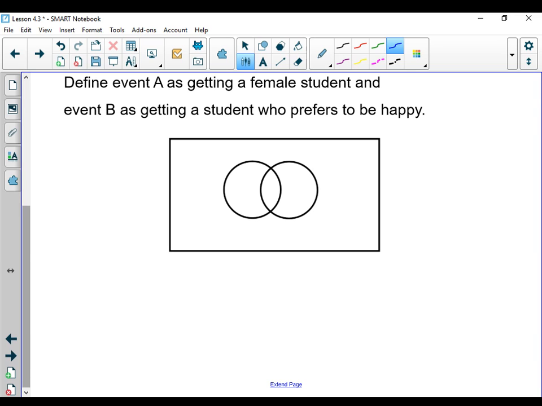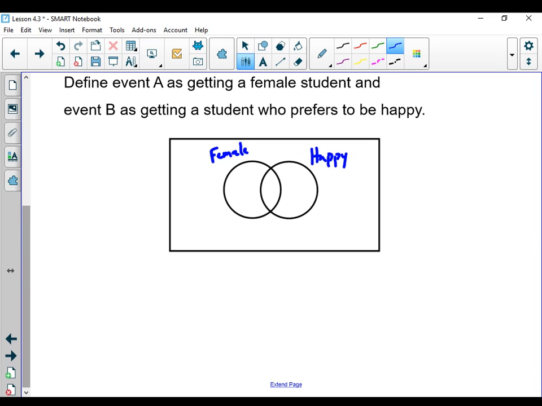So I might label one of these circles with event A, or the female, and event B as the student who wants to be happy. And what we're going to try to do is fill in the Venn diagram with the different probabilities of what can happen here.